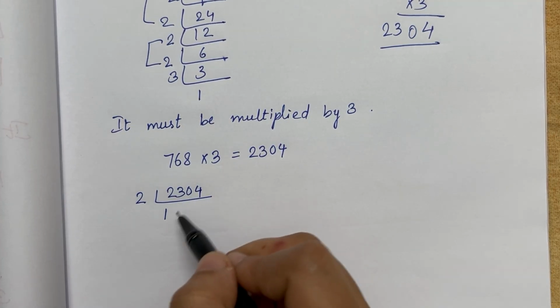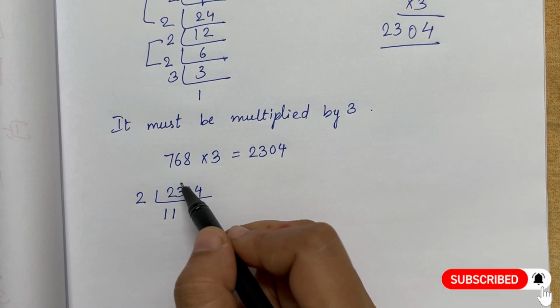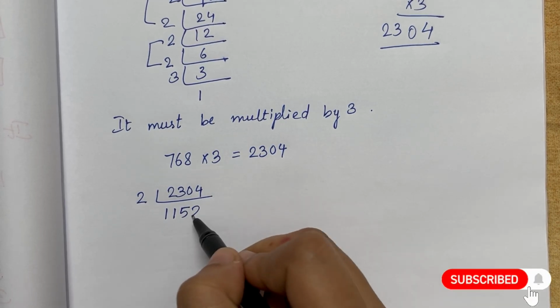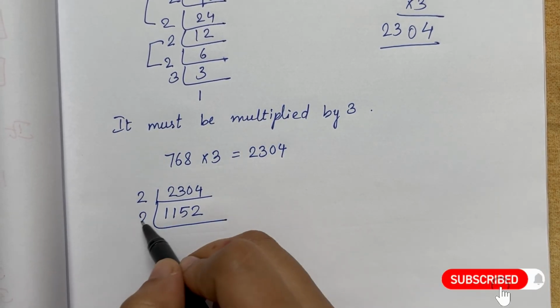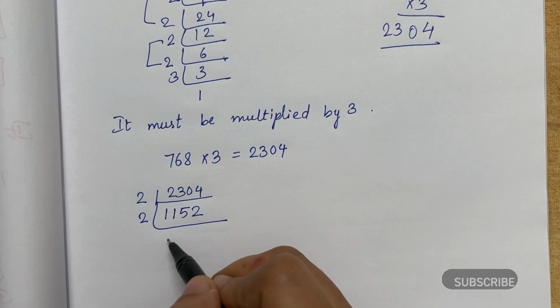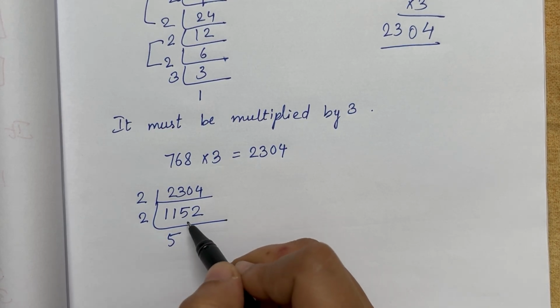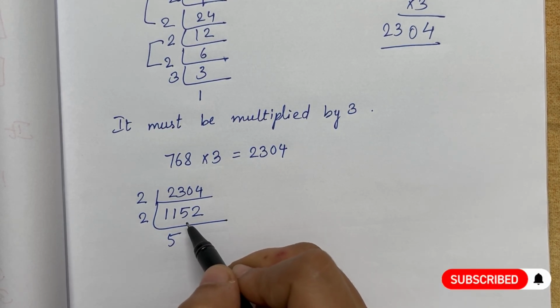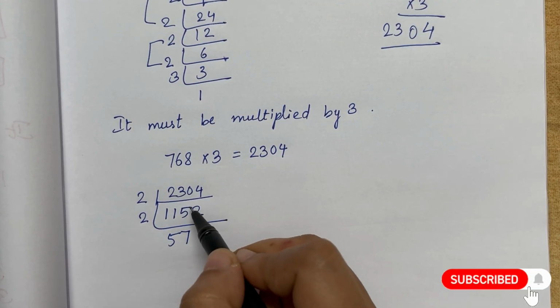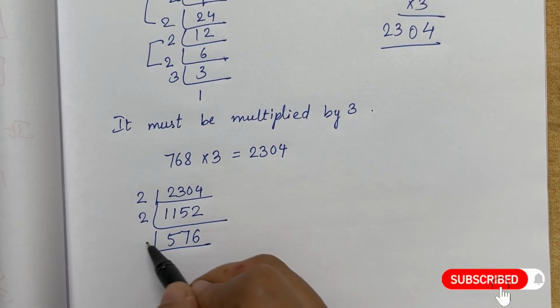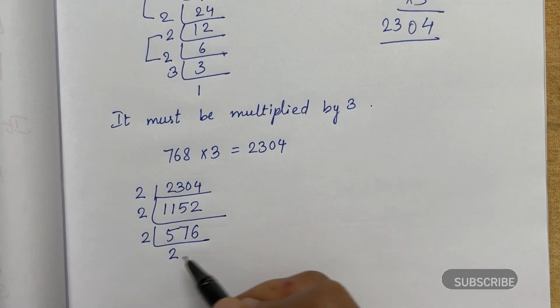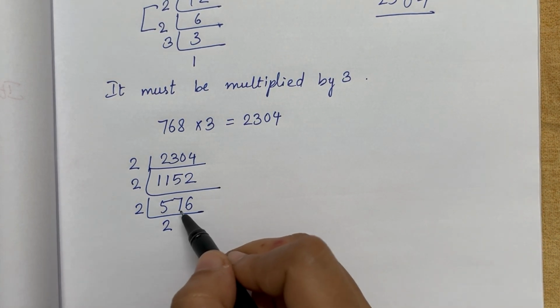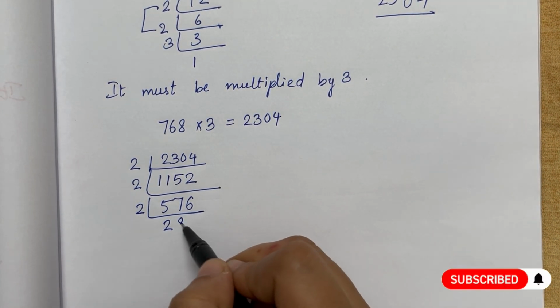3 will not come. 2 comes 1 time. 1 left. 10 comes 5 times, and 4 comes 2 times. 11 will not come. 10 comes 5 times. 1 left. Again 15 will not come. 14 comes 7 times. 1 left. 12 comes 6 times. 2, 1 left. 17 will not come. 16 comes 8 times.